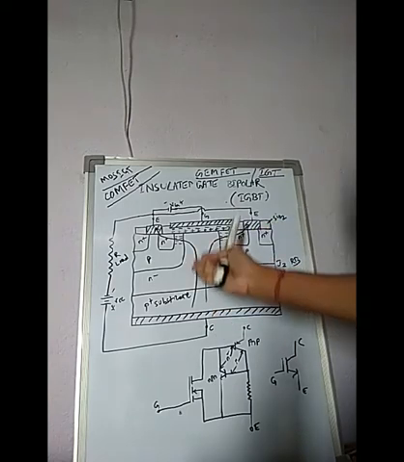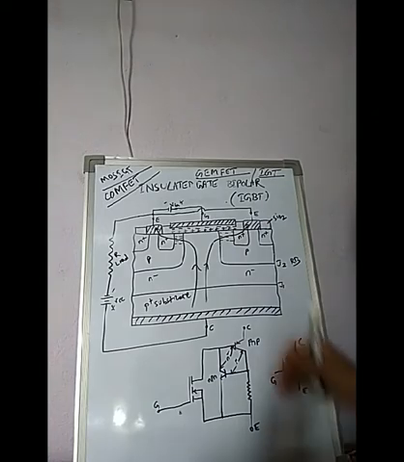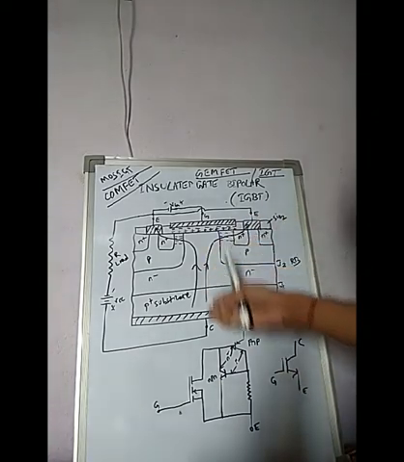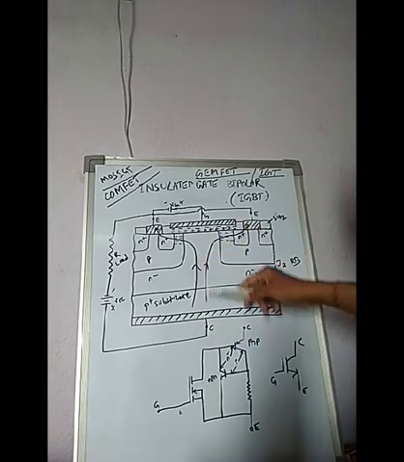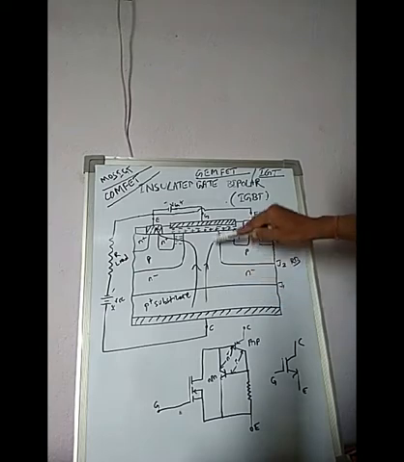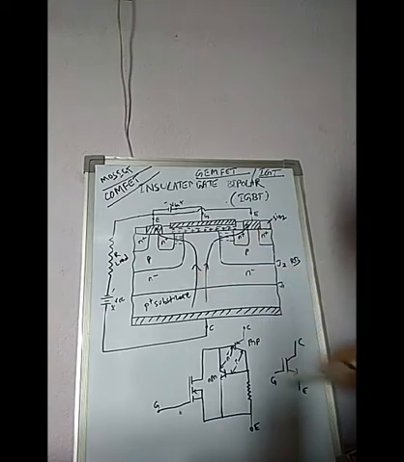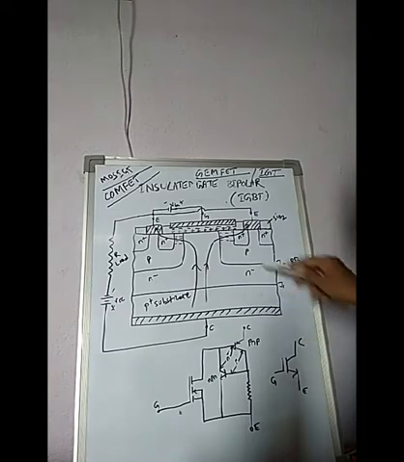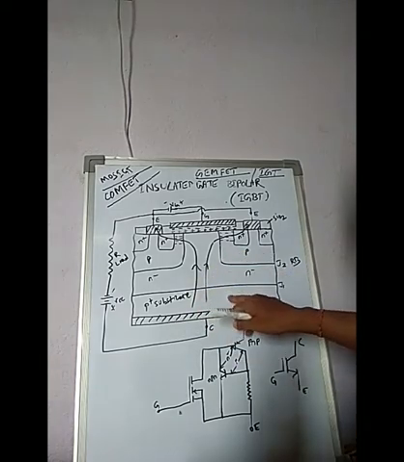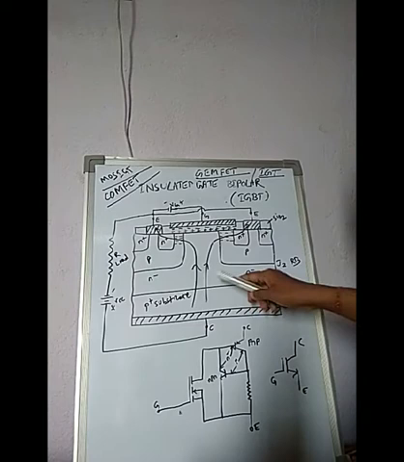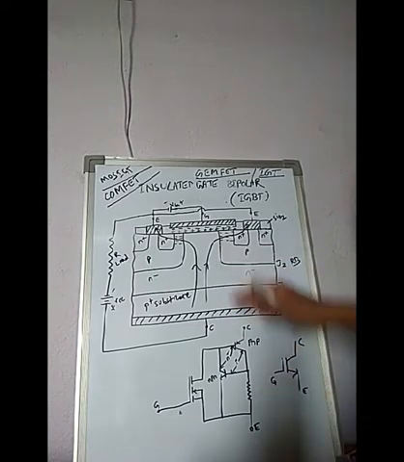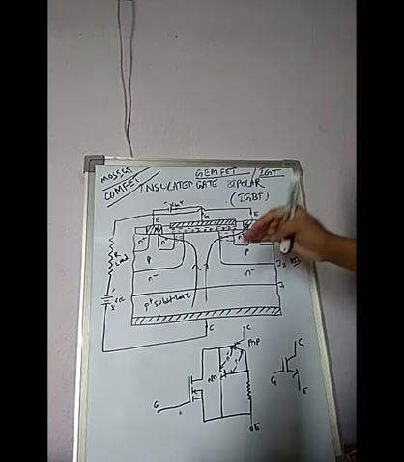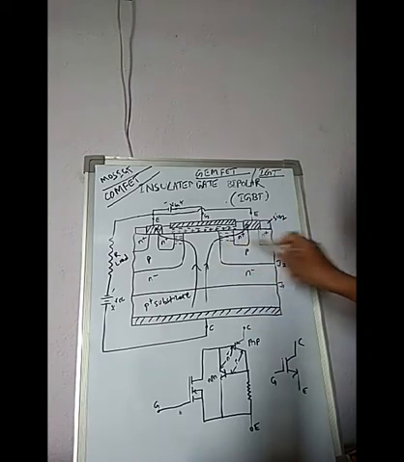That means electron movement is from emitter to collector. Once electrons move in this direction, holes are injected, because P plus is a highly doped P layer where the hole content is maximum. So holes are injected from the P plus layer into the N minus layer, and finally forward current is established from collector to emitter through the N channel.